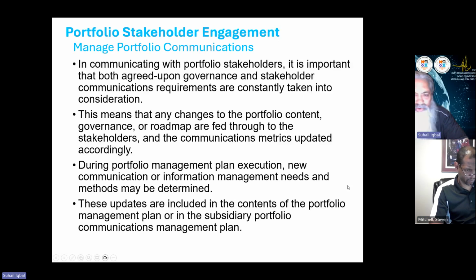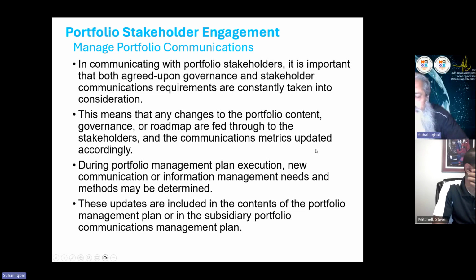So you can go through this slide. This is the last slide, which I can do with you. In communicating with portfolio stakeholders, it is important that both agreed upon governance and stakeholder communication requirements are constantly taken into consideration. This means that any changes to the portfolio content, governance, or roadmap are fed through to the stakeholders and the communication metric updated accordingly.